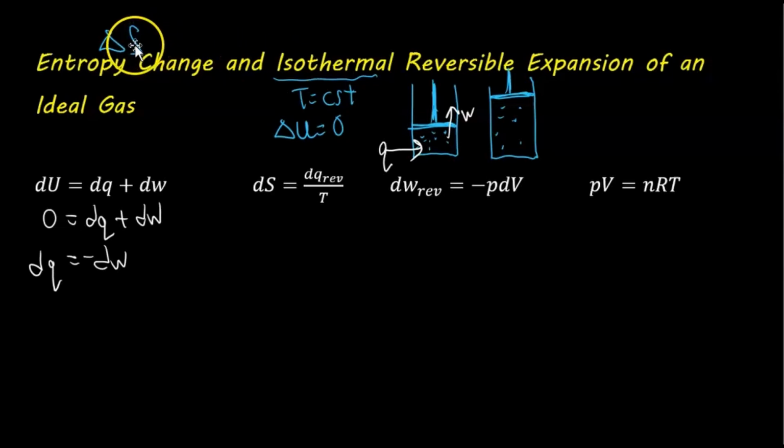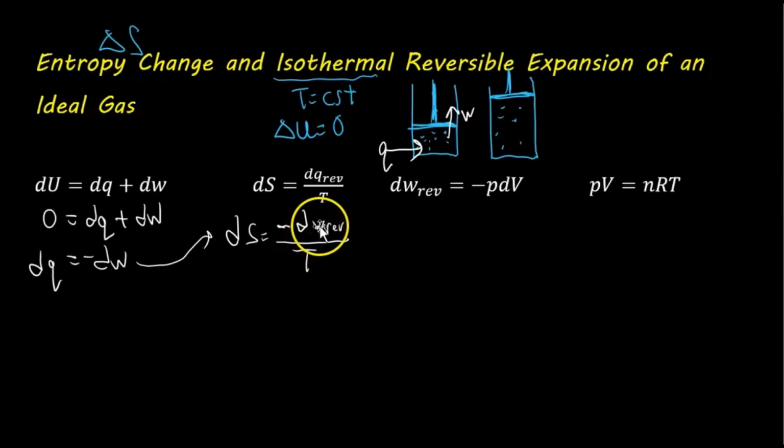Now we want the change in entropy, and the change in entropy we're going to get from the thermodynamic definition of entropy, or the Clausius definition of entropy here. So we'll plug in what dq is. So dS equals negative dw, and this is for a reversible process, over T here.